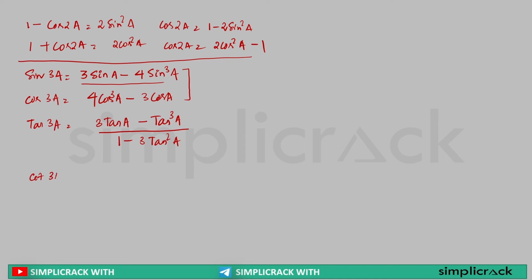Now, cot 3a is equal to cot cube a minus 3 cot a divided by 3 cot square a minus 1. Clear? These are the most important, most basic questions you will come across. So be prepared accordingly.